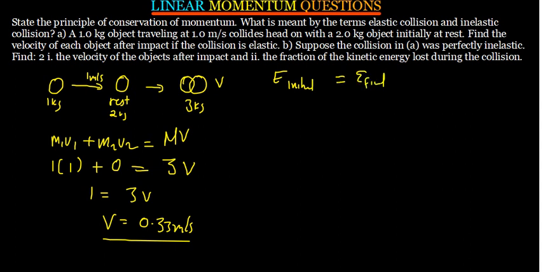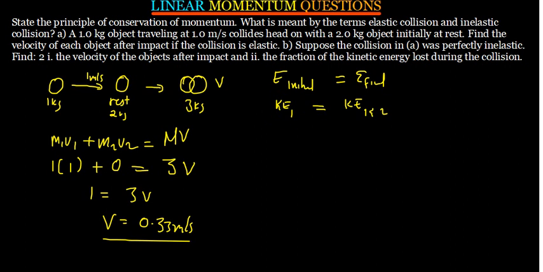Now initially, one object is moving, meaning that it has got kinetic energy. So the kinetic energy of the first ball, the other one doesn't have any energy, is going to be equal to, since they stick, the kinetic energy of both 1 and 2 because they combine.